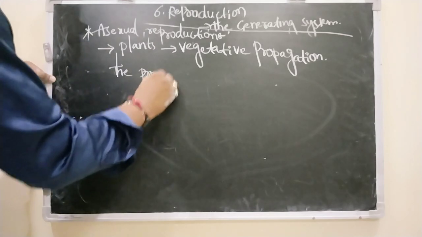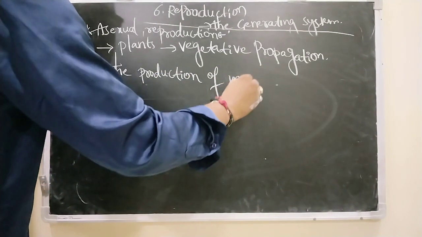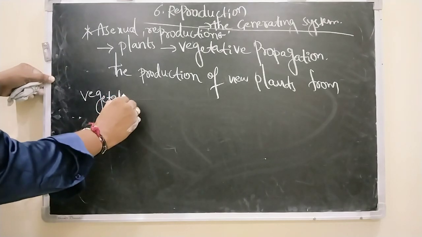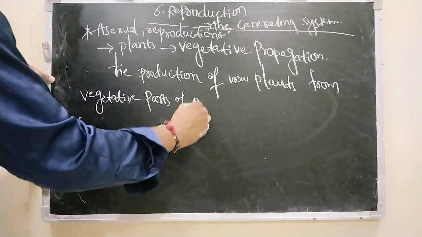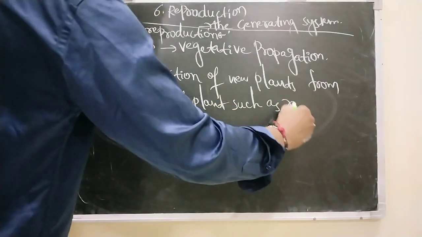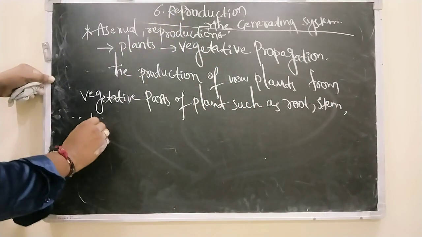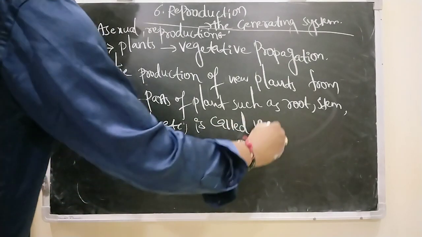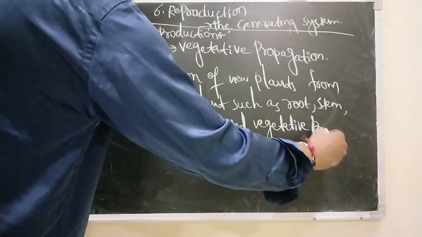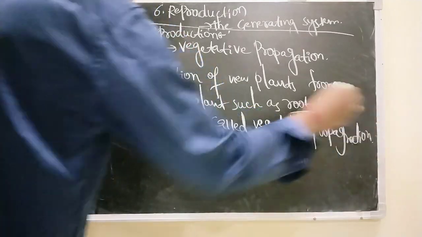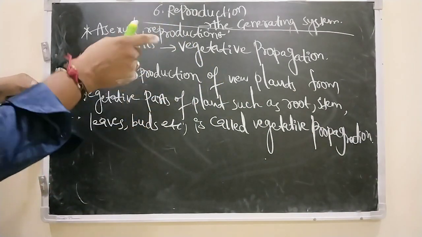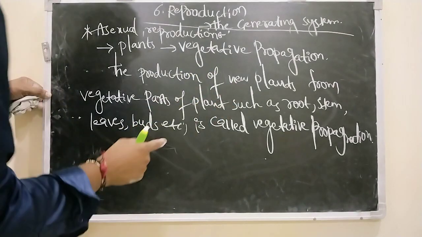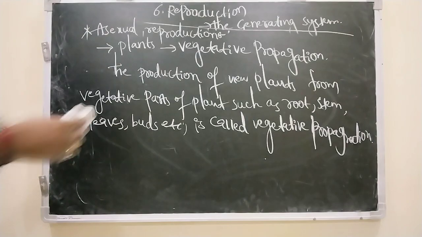Here, the production of new plants from vegetative parts of the plant, such as root, stem, leaves, buds, etc., is called vegetative propagation. Flower is the reproductive part of a plant. So instead of flower, if the new plant comes from vegetative parts like root, stem, leaf, bud, that process is called vegetative propagation.